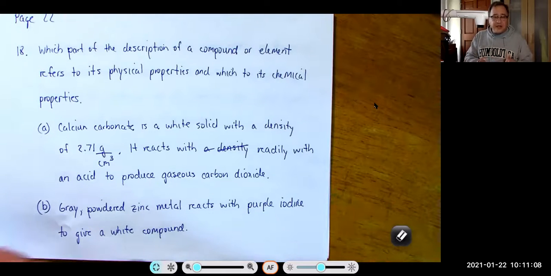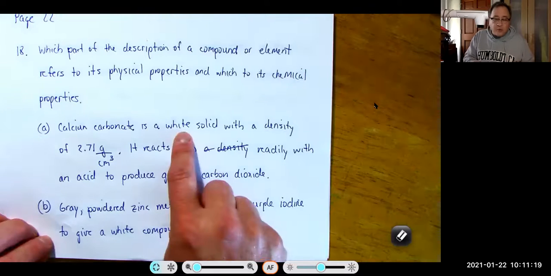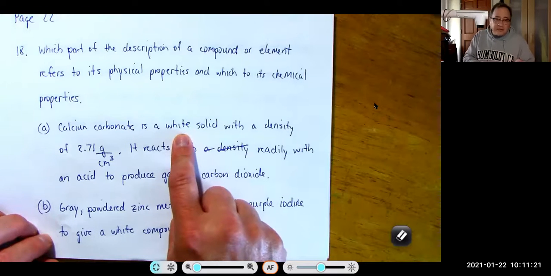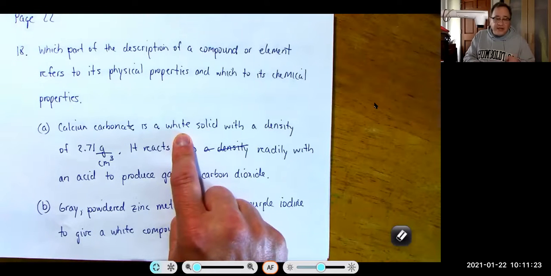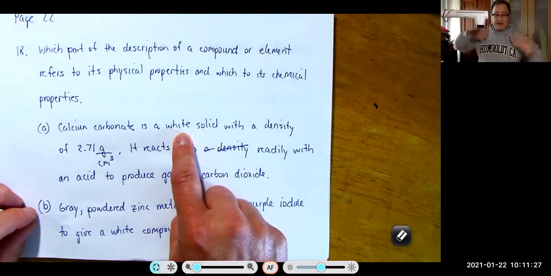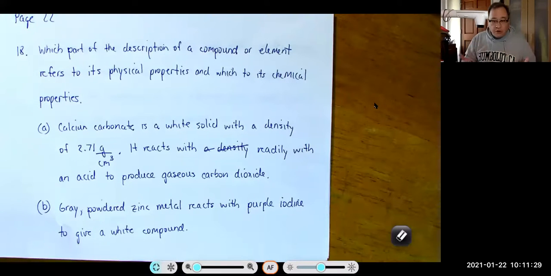So for instance, if you melt ice and turn it into water, it's still H2O. That's a physical property, the melting of it. Here, you can determine whether something's white, whether you're looking at a little bit of it or a lot of it. A nice tiny little gold bracelet is gold colored. Those really big chains that some people wear, they're gold colored.